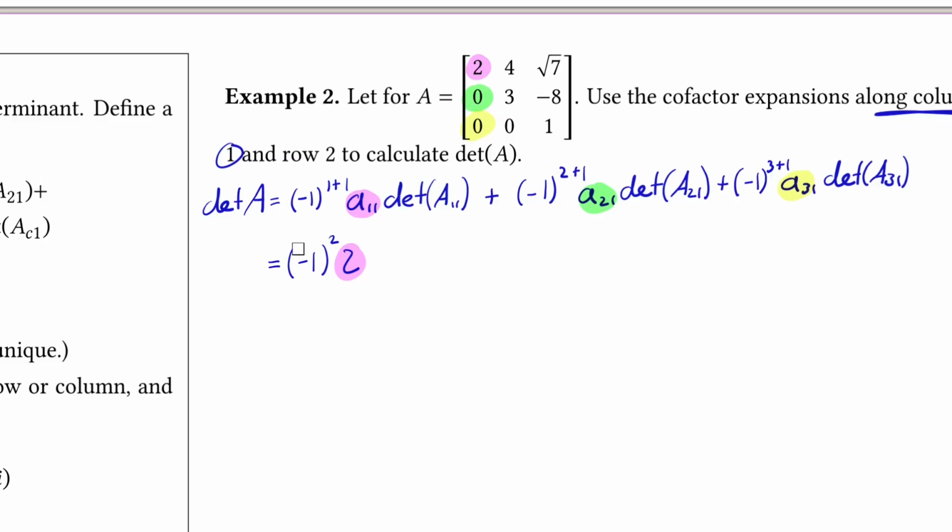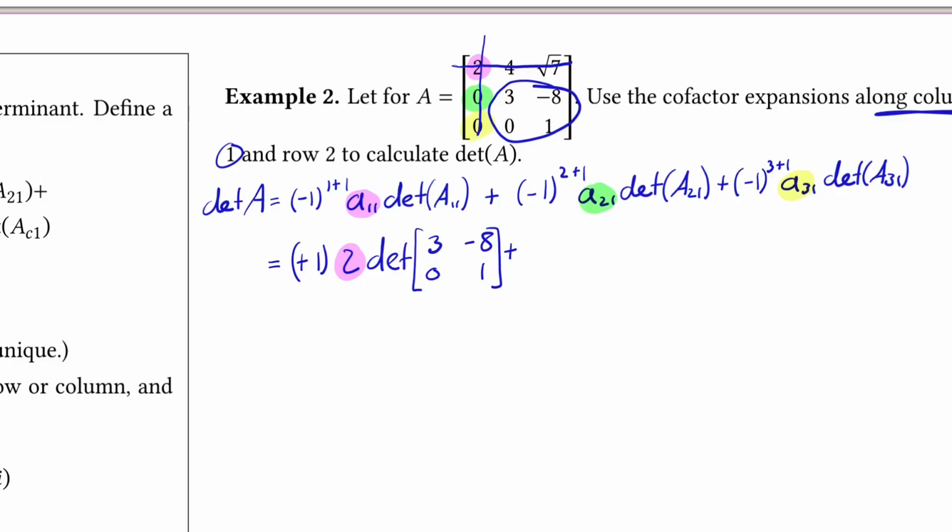So negative 1 to the power 2 is positive 1 because it's negative 1 squared. And then let's write this as the determinant of a smaller matrix. So this big A sub 1, 1 here means we're crossing out row 1, column 1, and looking at what's left over, which has a row 3, negative 8, 0, 1. Okay, we'll calculate that in a minute.